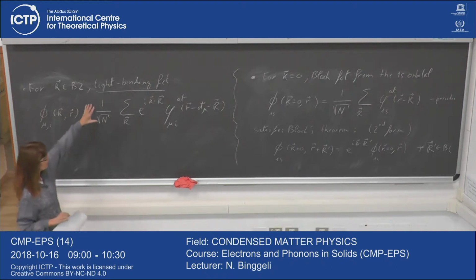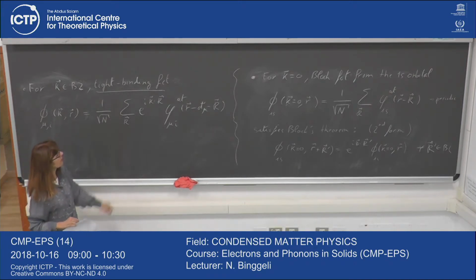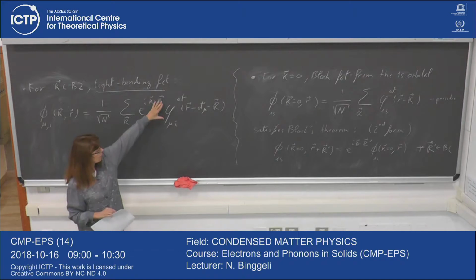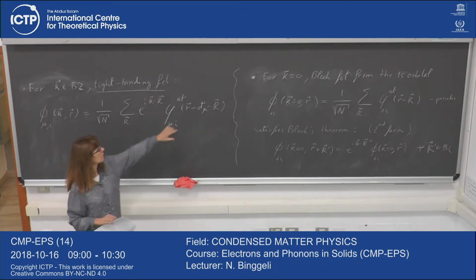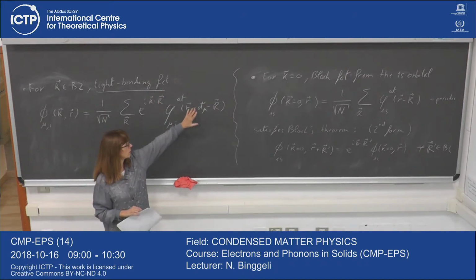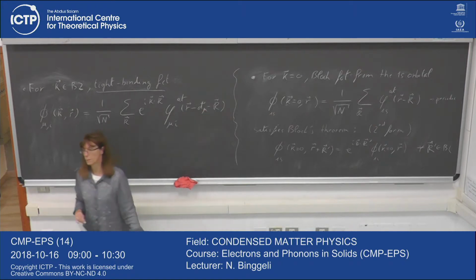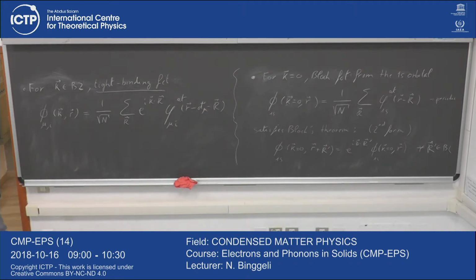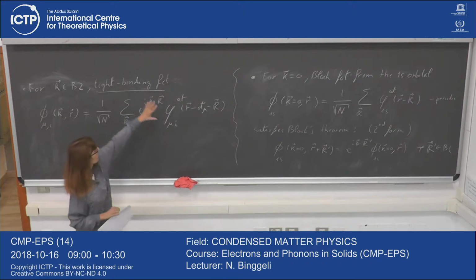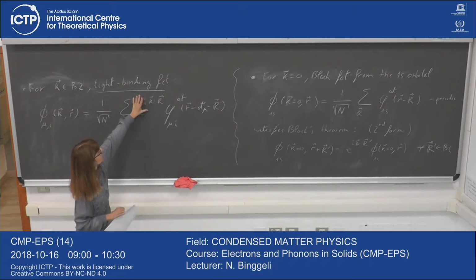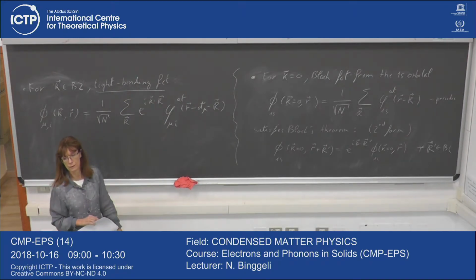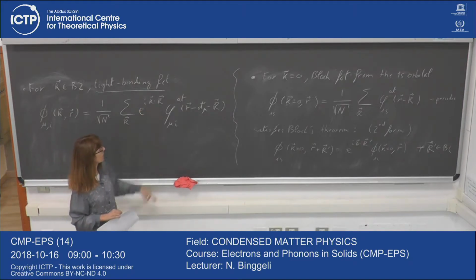So I will sum over all the unit cells the atomic orbital 2s centered on the carbon atom in that unit cell. This is the way I will do it, and then I have this coefficient which is a phase, exponential ikR.